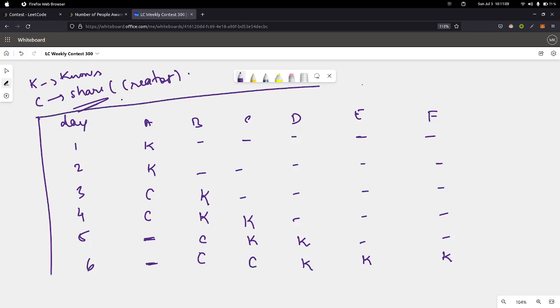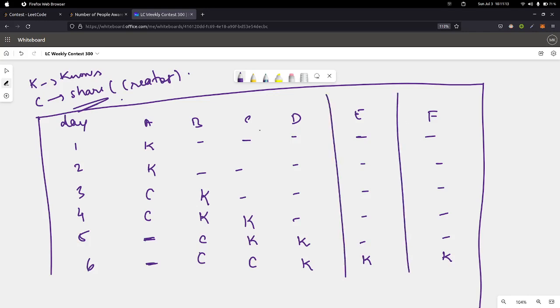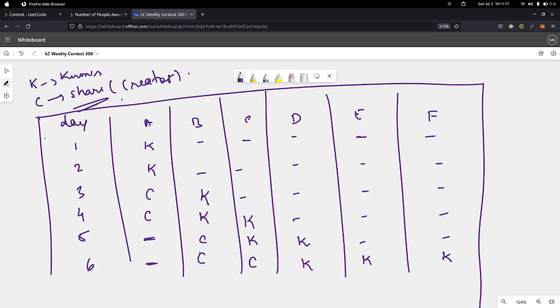Once we draw this table, everything will become clear, like how this is happening from each day, right? Yeah, we can see initially only one person had the information about the secret, so he knew it for some days, and then he became a creator, right?